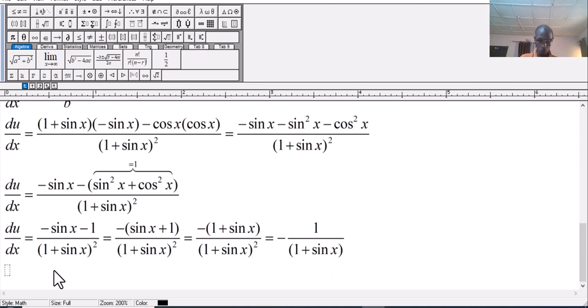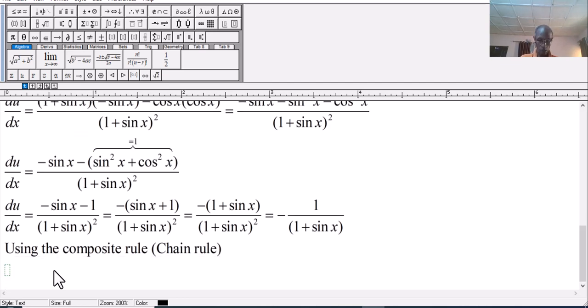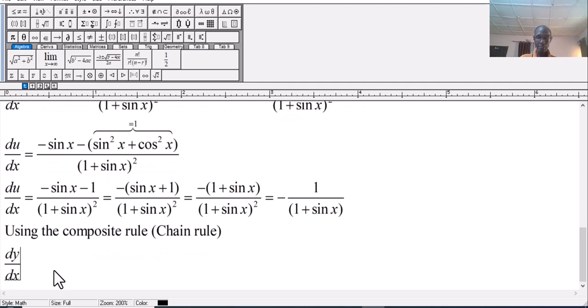So now using the composite rule, or they call it chain rule, our dy/dx equals dy/du times du/dx.